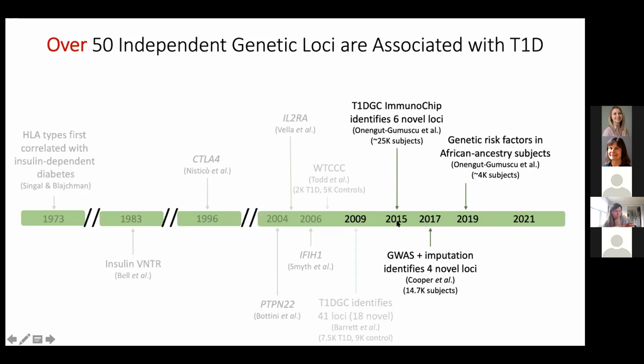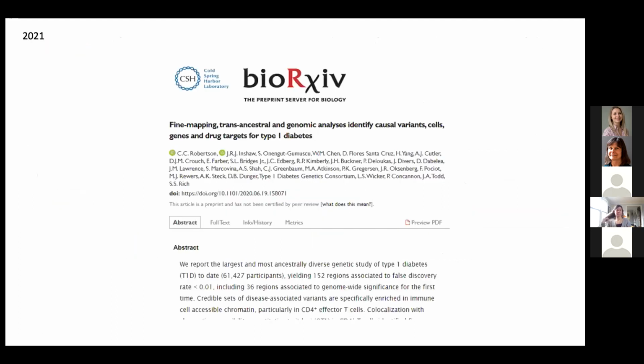So what's coming up in 2021, let's jump there. And we have one under review manuscript for now that we've scaled up our study population. And as I inferred in my previous slide, that we're trying to increase diversity in our study in our type 1 diabetes research. So we've now genotyped more than 61,000 subjects, and have done a transancestral mapping.